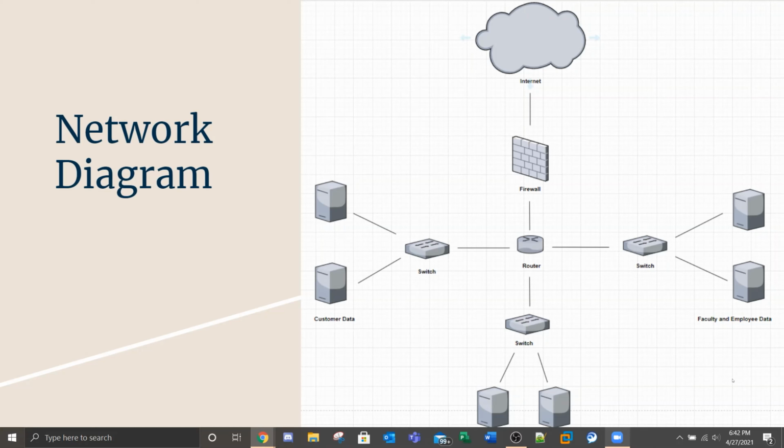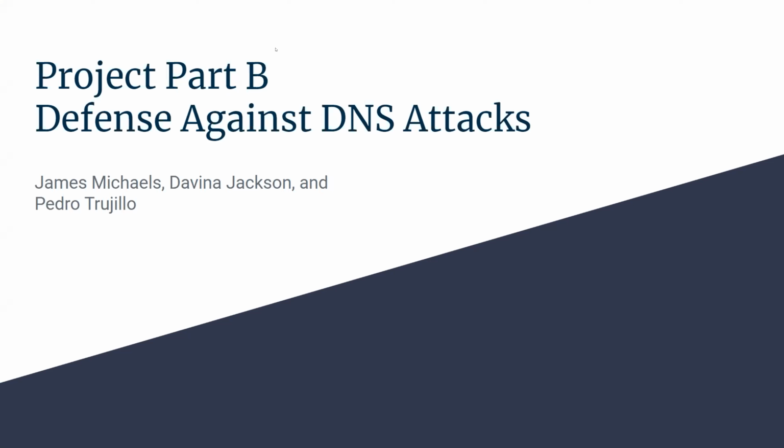And up on the top, we have a firewall that controls everything that goes to the internet, so we can control what our employees are using, what goes out of the router from the corporate company, and what goes into it. And that's the end of our Part A.